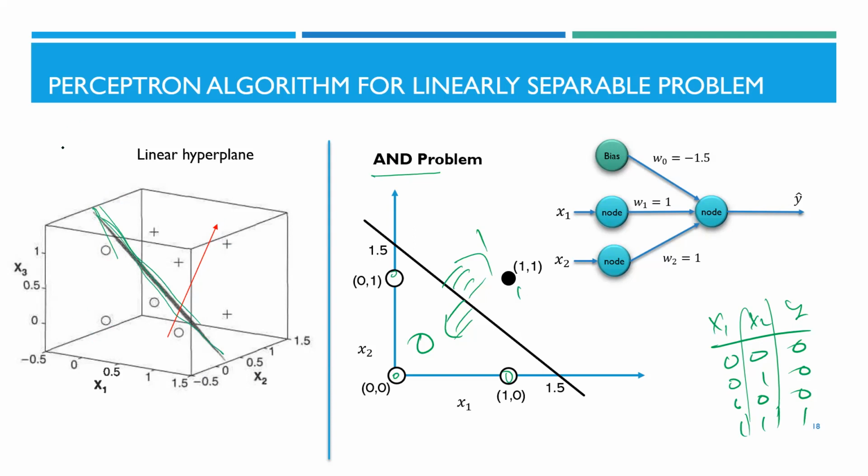The basic perceptron algorithm that we just used, as in our previous example, is very effective for solving these AND problems. Why?